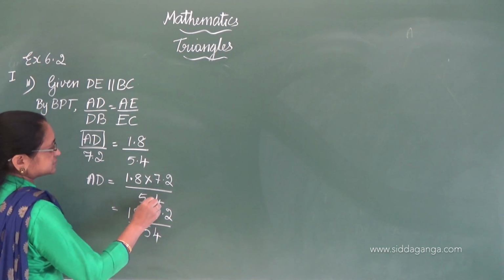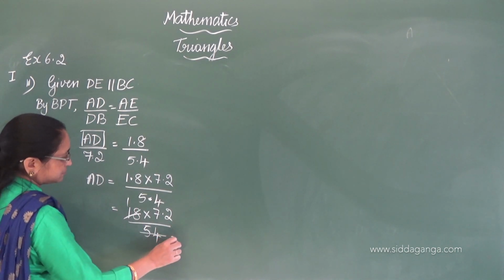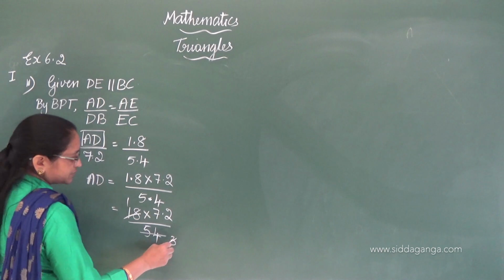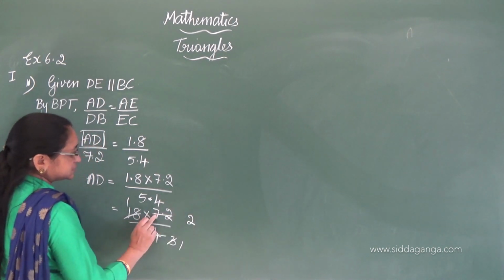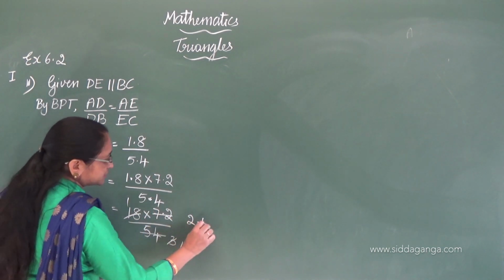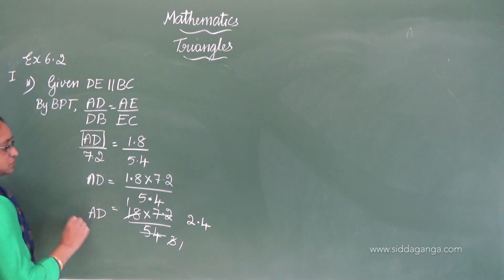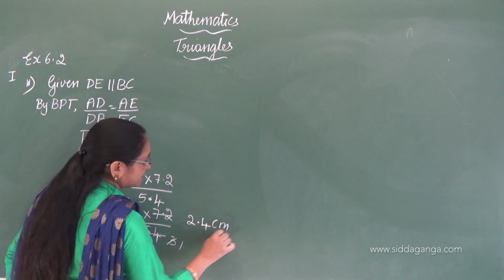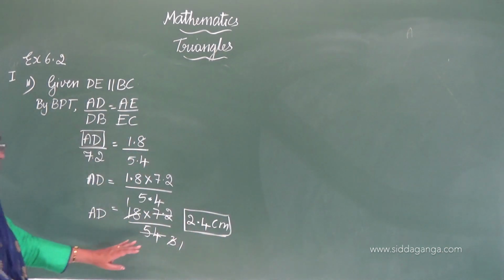I have removed this decimal point and this decimal point. So 18 ones are 18, threes are 54. Correct? Now 3 ones are 3, 3 twos are 6, 3 sixes are 18, 3 fours are 12. So AD will be equal to 2.4 centimeter. Okay, clear? I hope you understood.